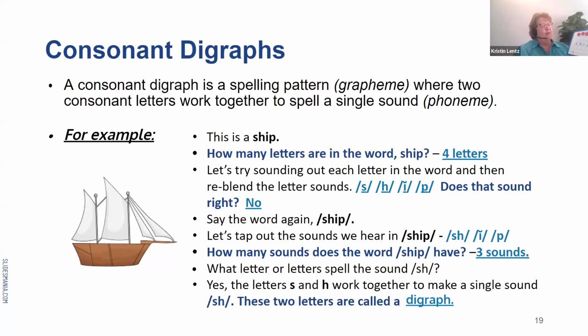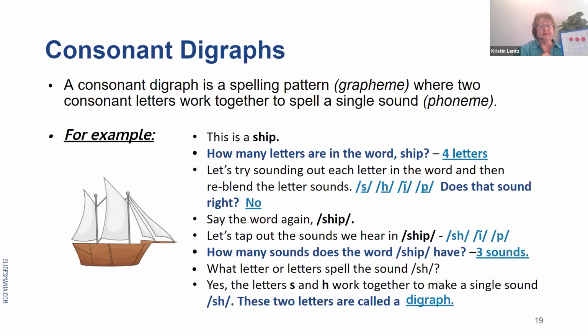Let's tap out the sounds in the word ship, or we can map the sounds in the word ship. So there goes my token. Let's move that over. That's interesting.